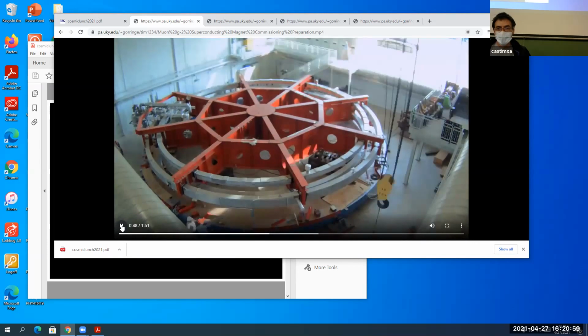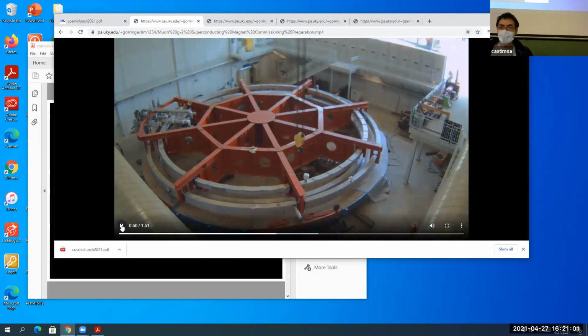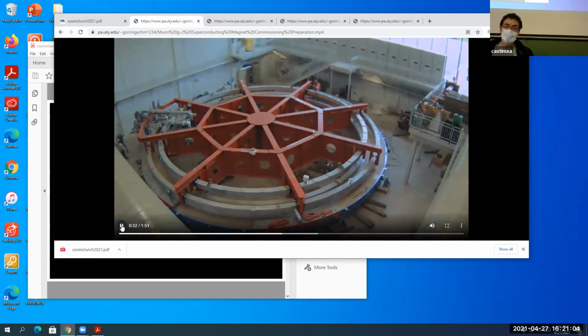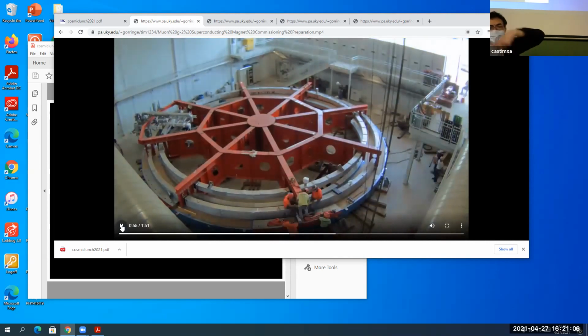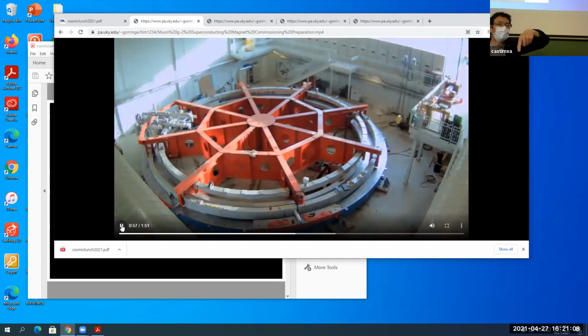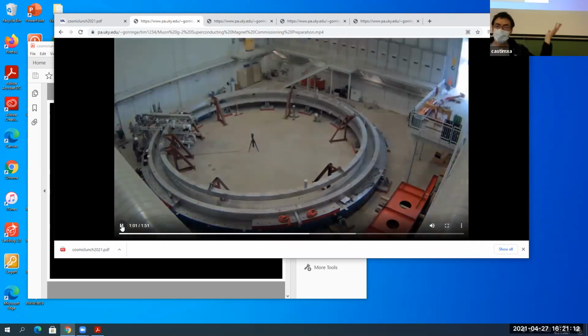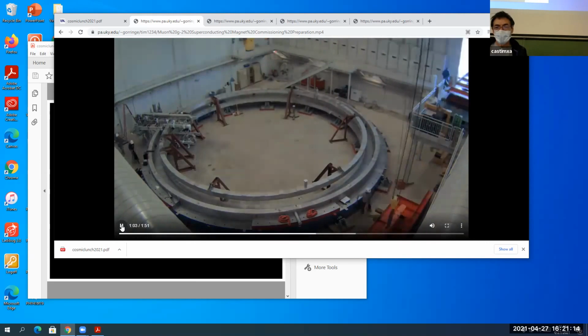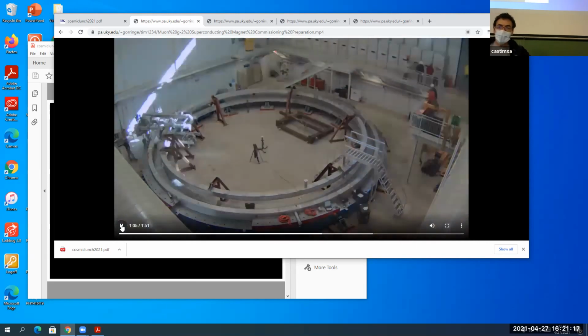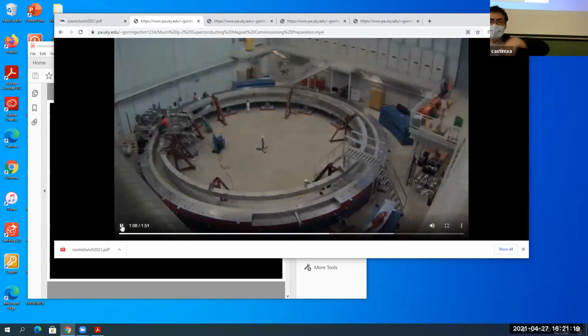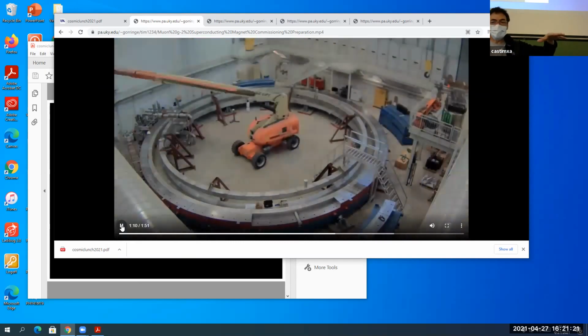So the magnet are the 2 gray rings? The magnet is the 2 gray rings. And actually you can see that the inner one is actually 2 rings. So there's a little technical detail there, but the red has now gone away. So the red was just the frame. Now they got the bottom steel and the coil, and now they're going to load the top steel on.